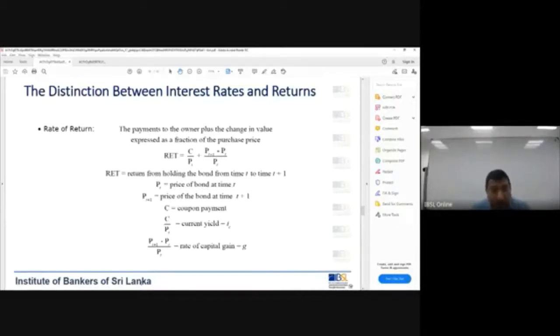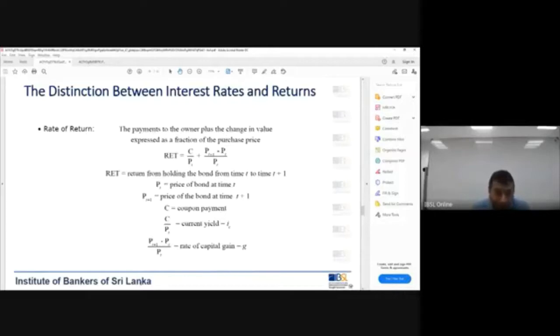But at the same time, you have another component, as I was explaining to some extent with the discount bond. There is a component called the price driven return that you are gaining through an investment. This is very important, particularly for longer term financial assets, mainly for treasury bonds.